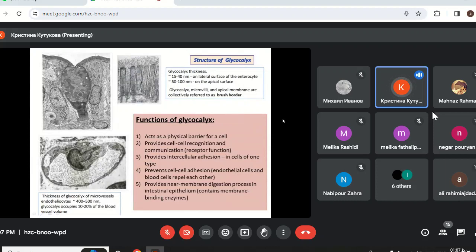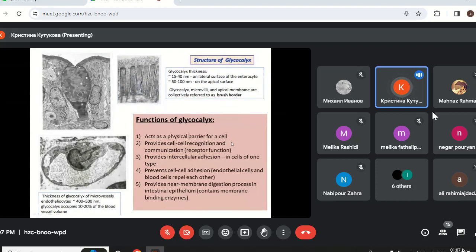The glycocalyx, as you can see here, covers the cell from outside, and it has a lot of different functions. First, it acts as a physical barrier for a cell. It means that nothing can pass through the glycocalyx to enter the cell. So it's for protection of the cell.